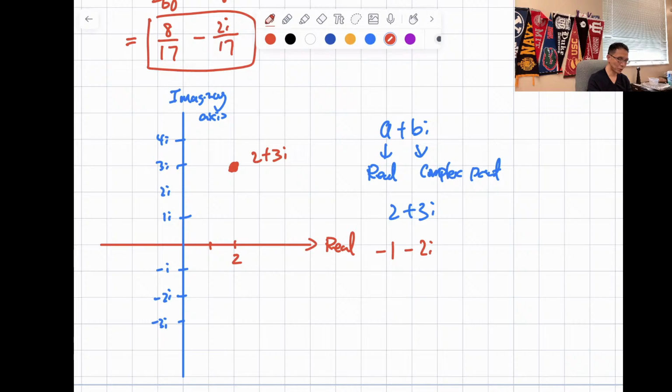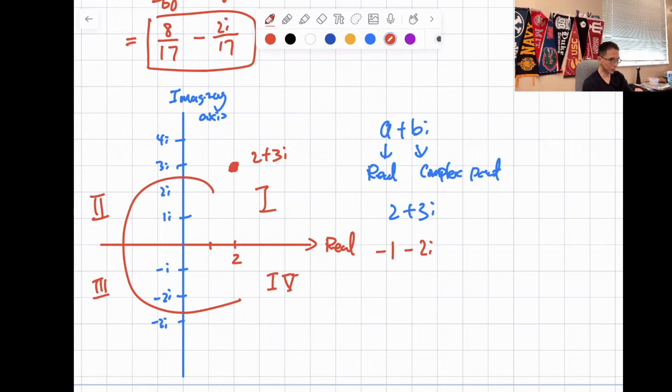It's quadrant 3. If you guys don't know, it's 1, 2, 3, 4. So that side is not 4, that side is actually 3. So it's actually quadrant 3, because -1 minus 2i is going to be this point. So this point here, we're going to call -1 minus 2i.